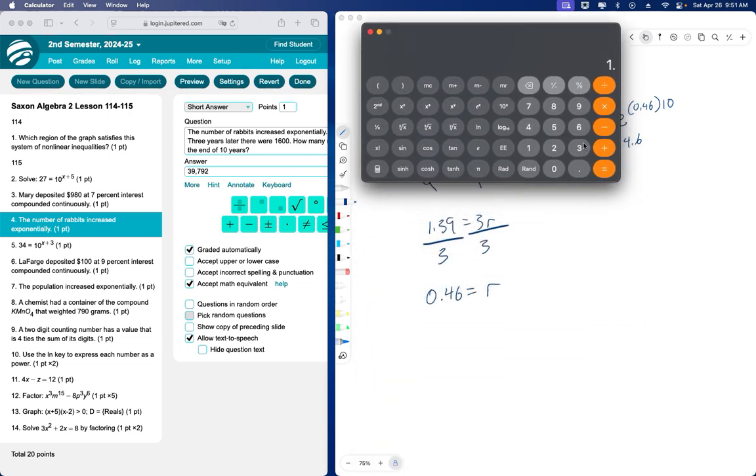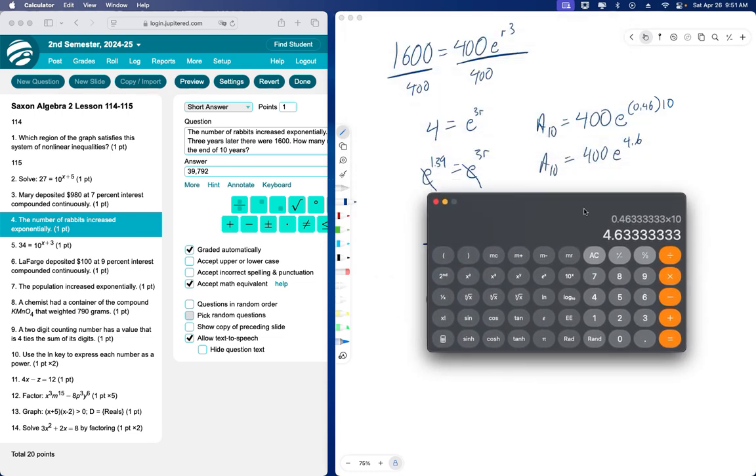So 1.39 divided by 3 times 10, that's going to be this, e to the x, times 400.